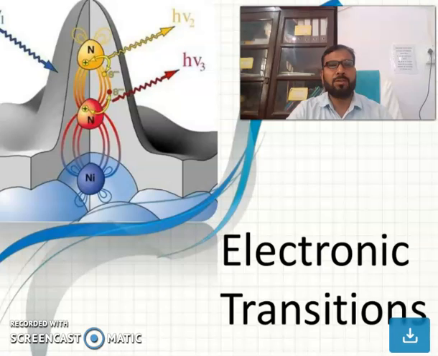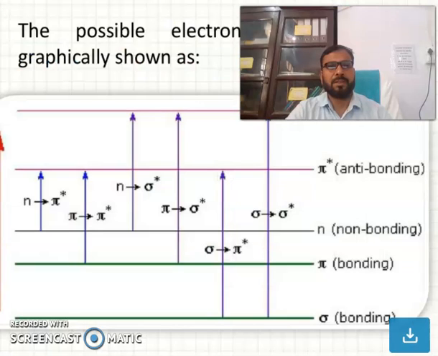So, you know the electronic transitions like sigma to sigma star transition, pi to pi star transition, n to pi star transition, n to sigma star transition. So, these are many transitions.